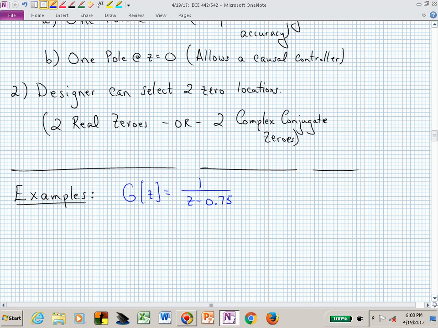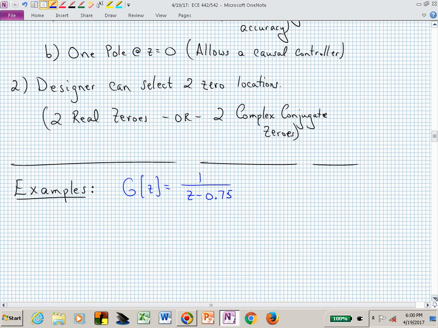Now we can start playing with some design. Here's a system. Let's say you're given this g of z, and you want to control it.